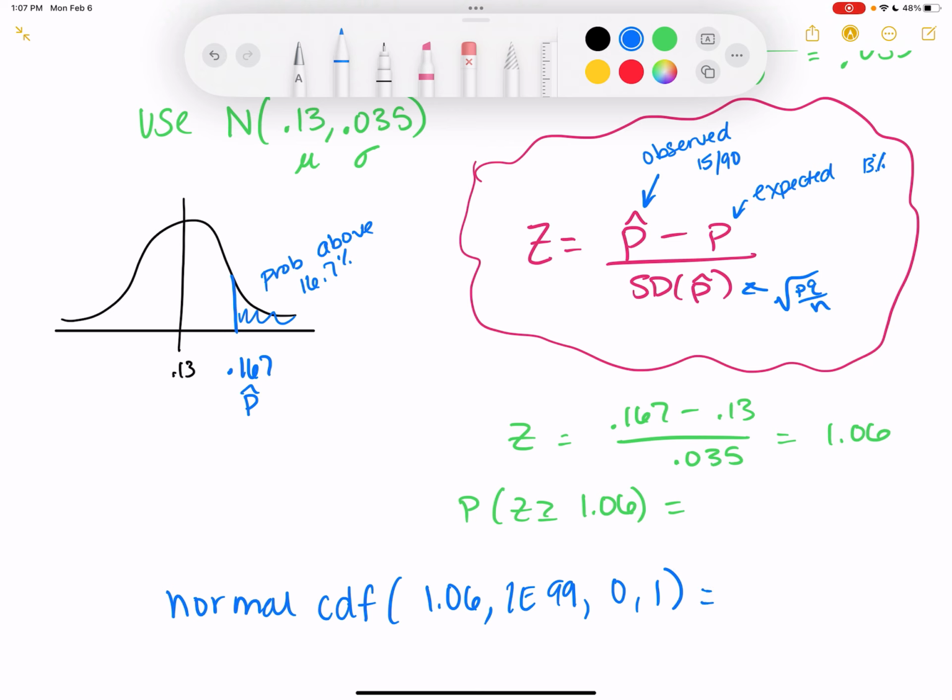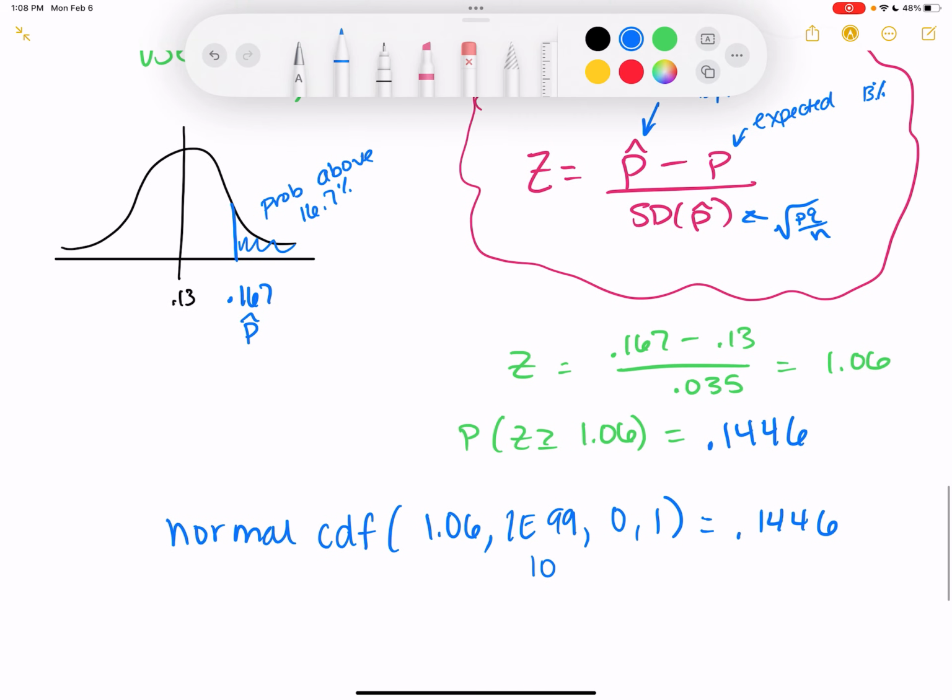And that gives you 0.1446, and that would give you the same thing from the table as well if we went and found it. So you could have even really used the number 10 here because you have such a small number you're working with that's going to be so far away, but I would just stay with the 1E99 just because that's what you're used to.